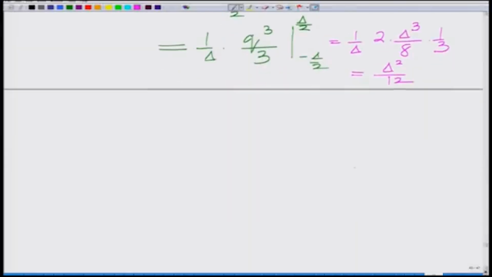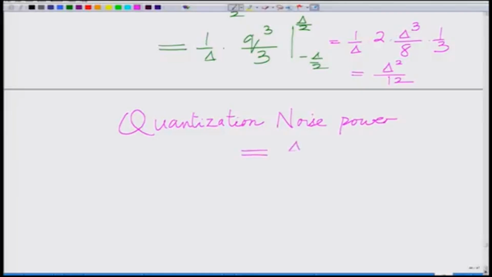So, the quantization noise power, with this uniformly distributed quantization noise, equals delta square by 12.